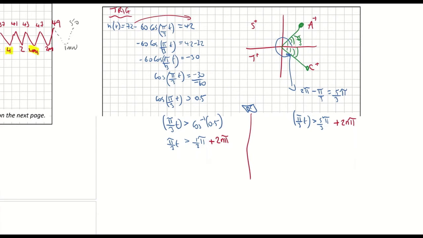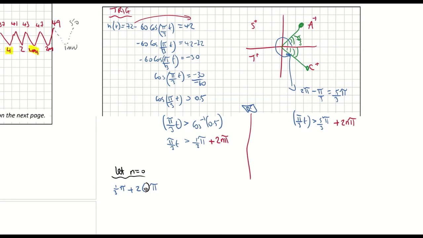So let's start. Let n is equal to 0, and coming down to my first one here, I'm going to have 1 over 3 pi plus 2 times 0 times pi.